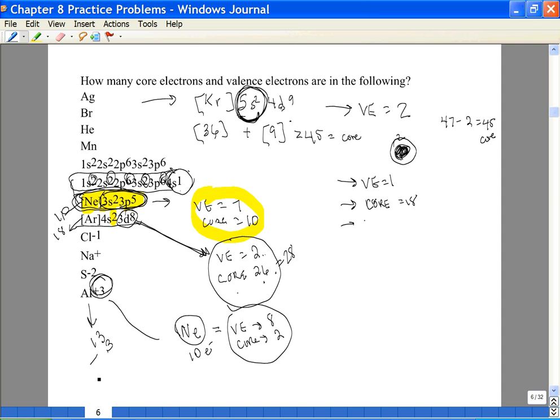That corresponds to an outer shell that looks exactly like neon, with 8 electrons in the valence shell and 2 electrons in the core shell. When you look at chlorine and sulfur, I'm going to leave the rest of them for you to do, but rather than subtracting electrons, I'm going to add 1 electron for chlorine and add 2 electrons for sulfur.